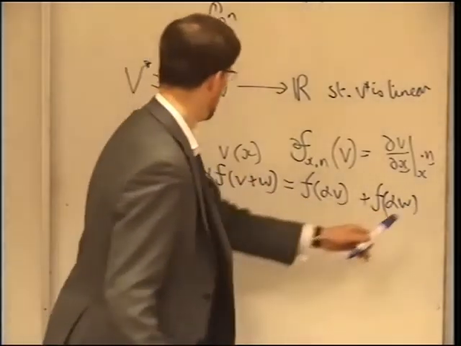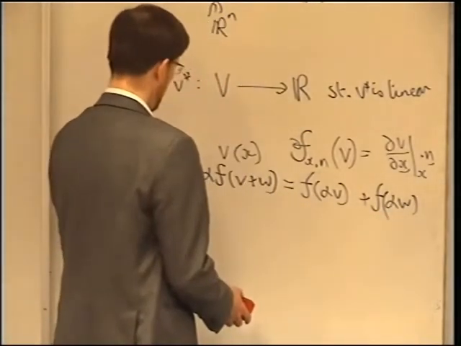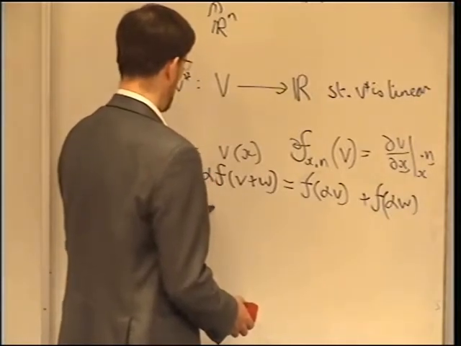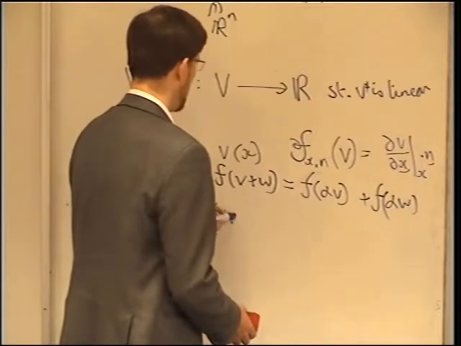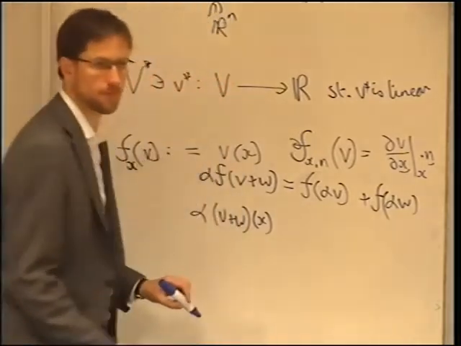So what does this mean? This means that the left-hand side is alpha times the function v plus w evaluated at x.